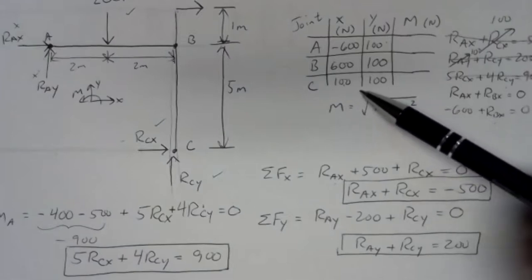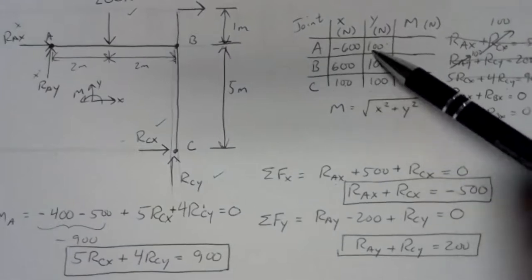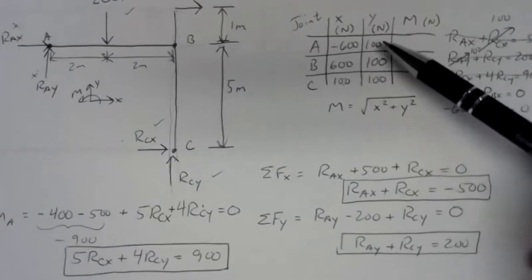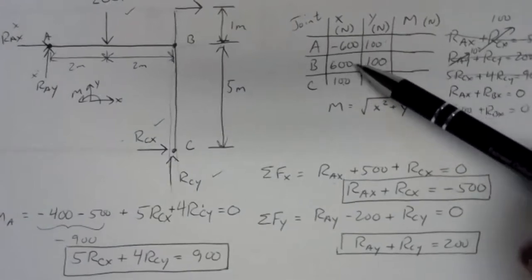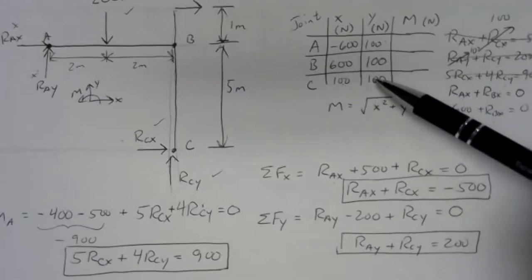So be careful with that if you're comparing answers with your classmates or anything like that. You may have different answers up to the sign. You should have the same sizes, but you might have different answers up to that sign.